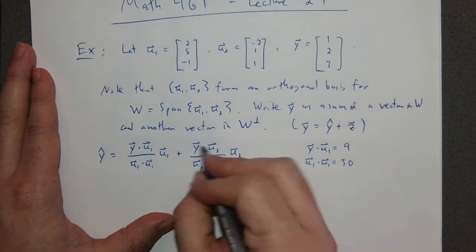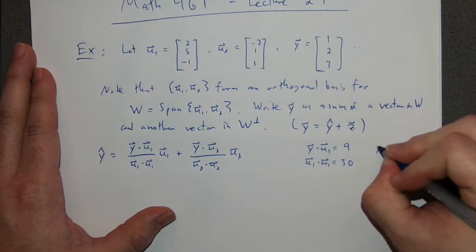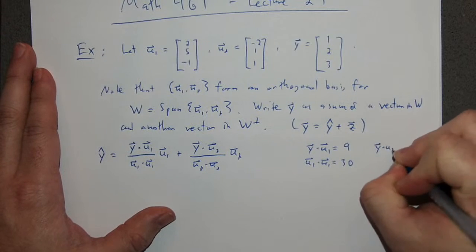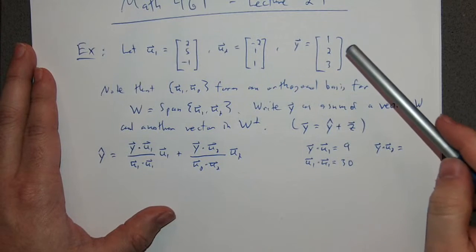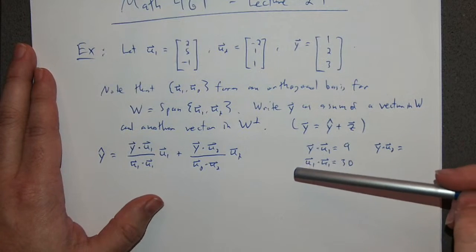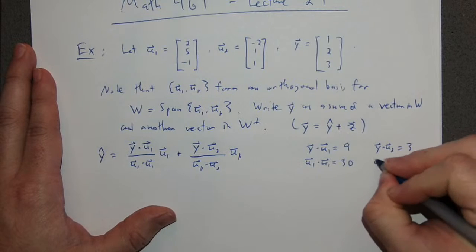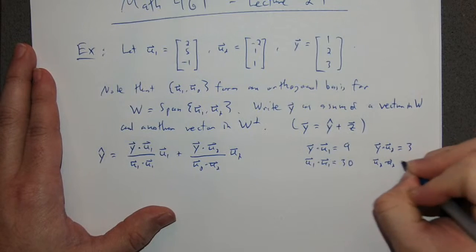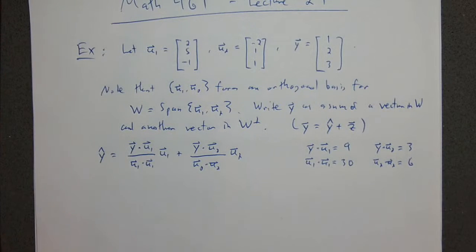I need to compute the numerator and denominator of this one too. So what's y dotted with u2? This is 1 times minus 2 plus 2 times 1 plus 3 times 1, so that's 3. And u2 dotted with itself, this is 4 plus 1 plus 1, so that's 6.